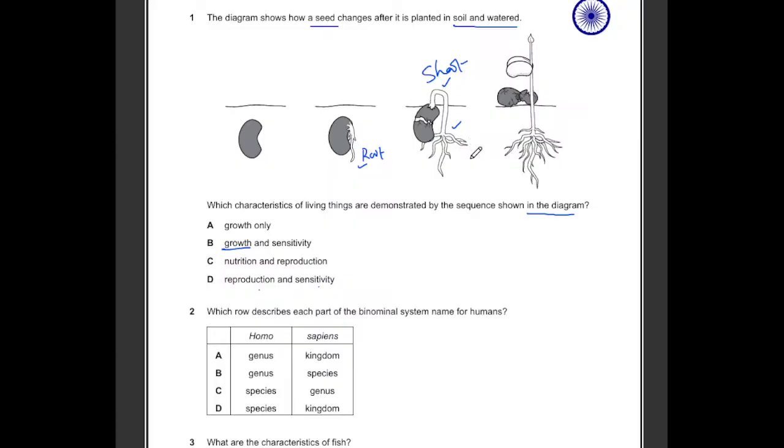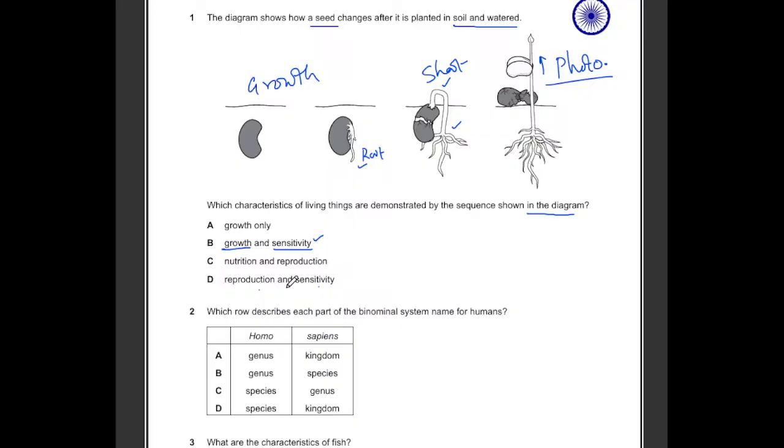The roots are growing towards the water, against the sunlight, whereas the shoot is showing phototropism, growing towards the sunlight. So growth and sensitivity. Here it is growth which is happening, and here it is phototropism, and that's the reason we mention sensitivity. I hope this is clear now.